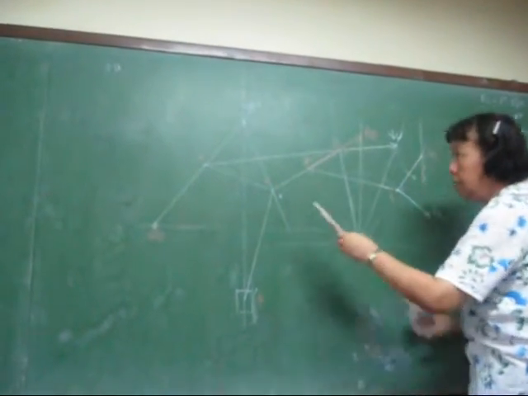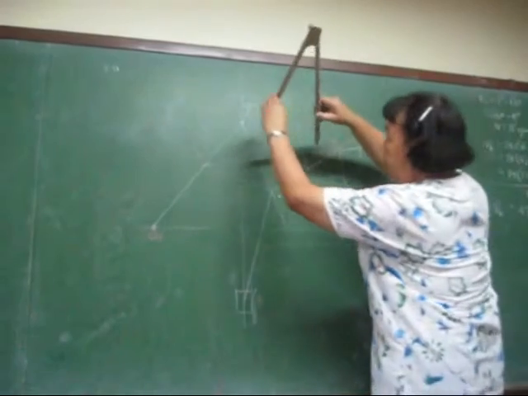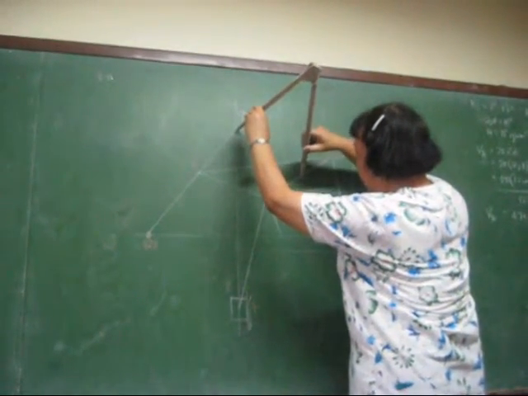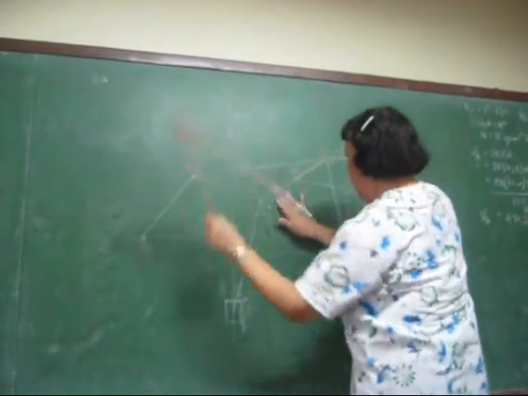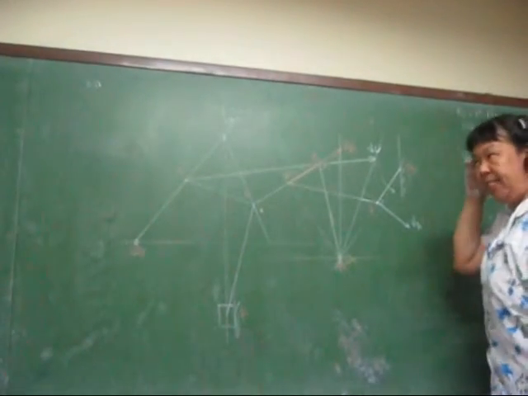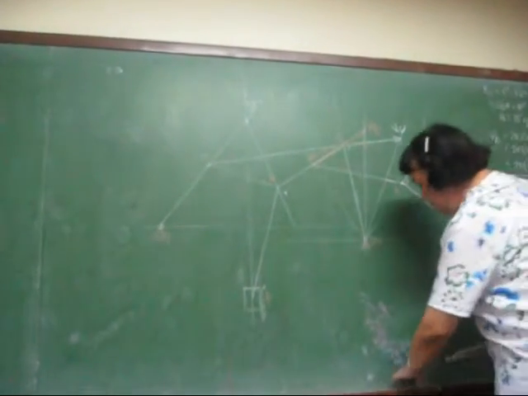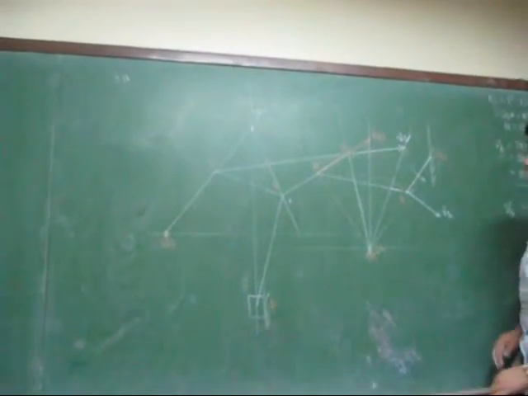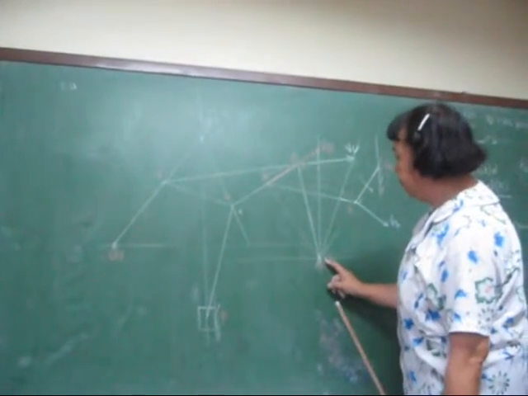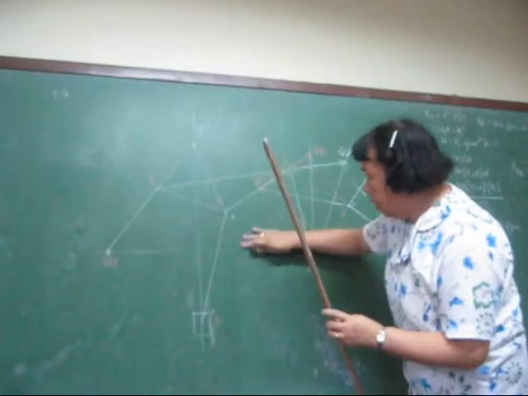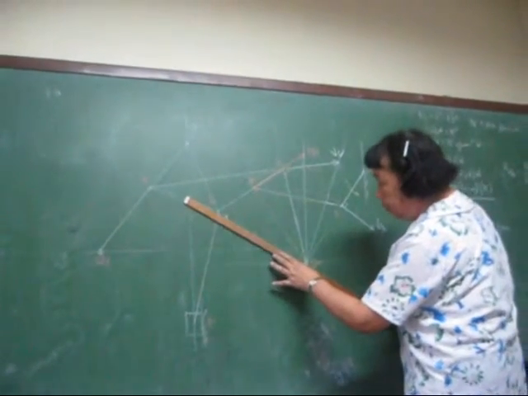Using that instantaneous axis from point B with an arc, you can also use this one. Okay, we try to use the former instantaneous axis.